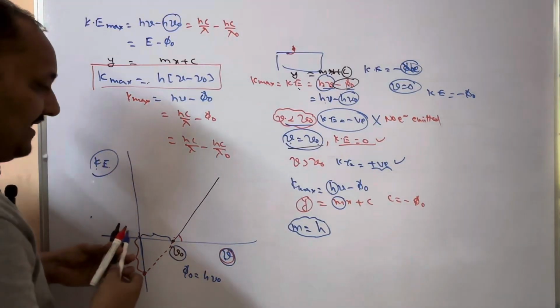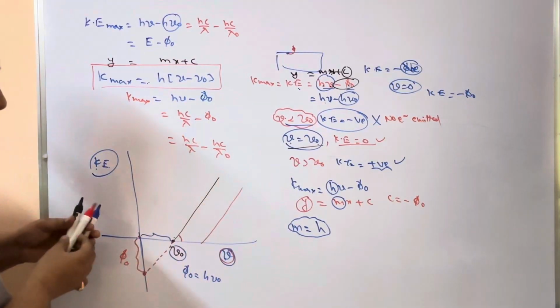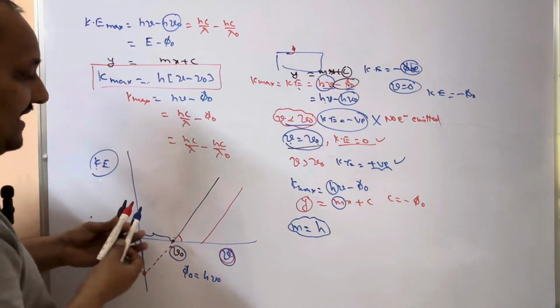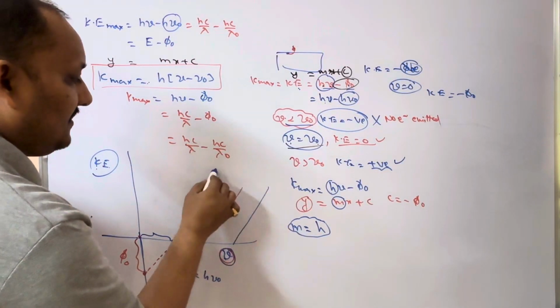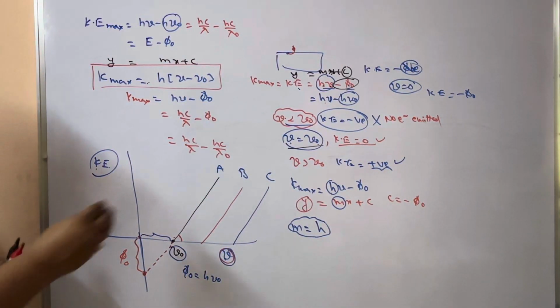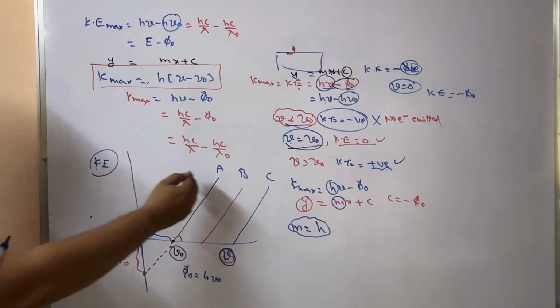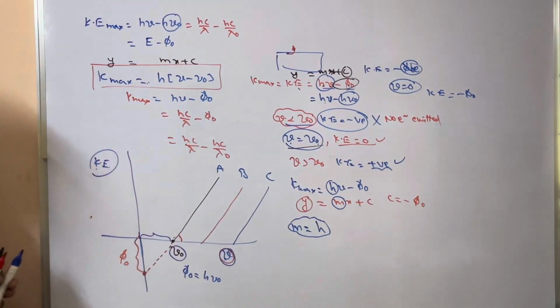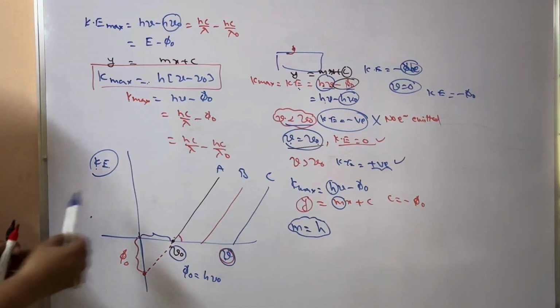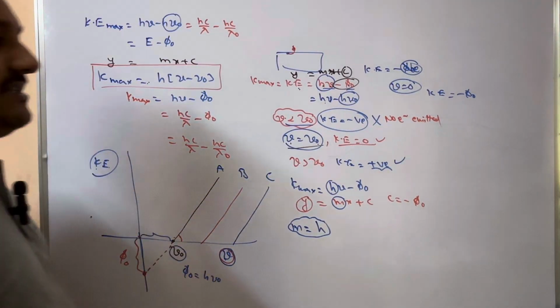Next, another one they will give like this. Three metal surfaces' graphs they will give, kinetic energy and A, B, C. So here in total you have three metal surfaces, kinetic energy versus frequency graphs. Now which metal is the best metal surface for photoelectric effect, they will ask. Which metal means which is having least work function, that is the best metal surface.